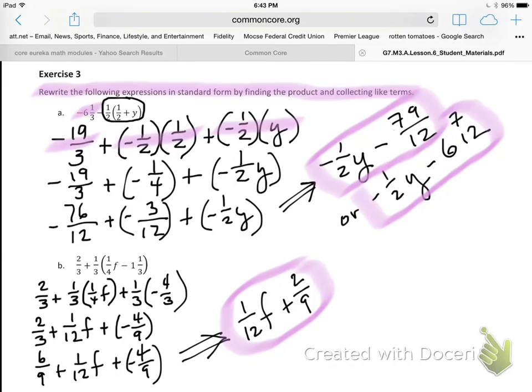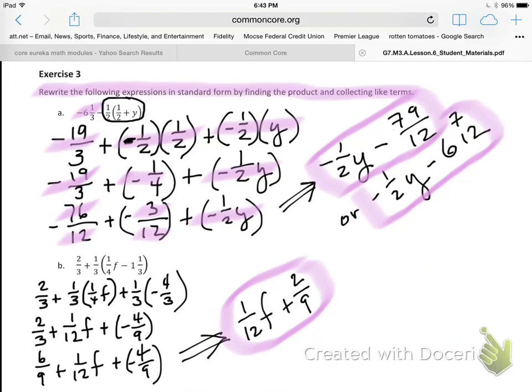Again, I'm writing those down as sums. Therefore, I have my addition, and then I put my negative inside here because that's a negative 1/2. All right, and then continue on. This doesn't change yet. I do my multiplication here and get negative 1/4, negative 1/2 y, and now I'm going to be doing some combining. So I want to find the least common denominator of my fractions here, which is 12ths, and I converted those into 12ths and kept this.